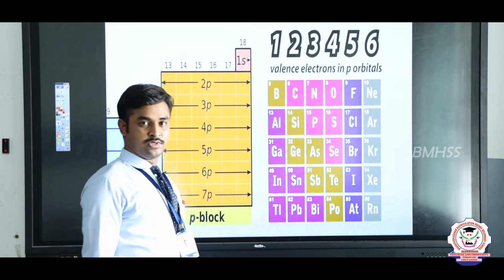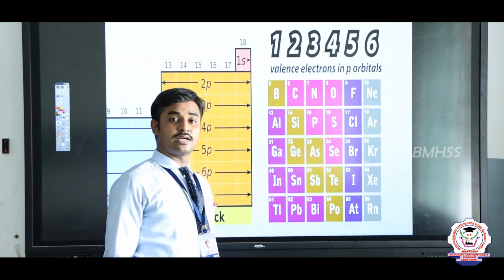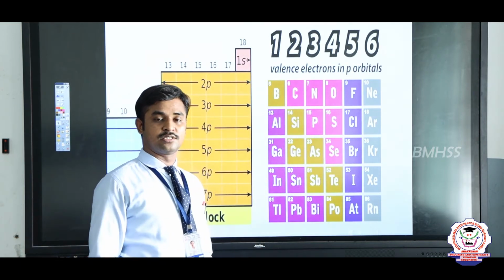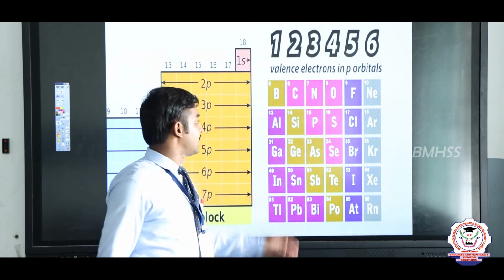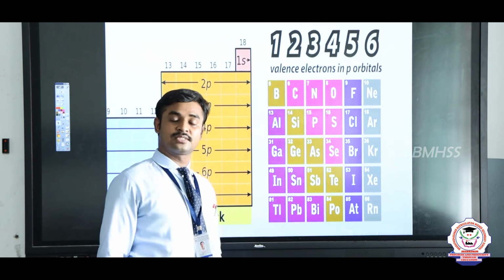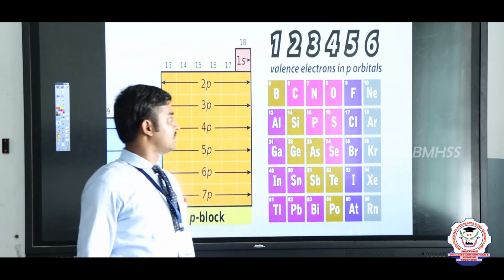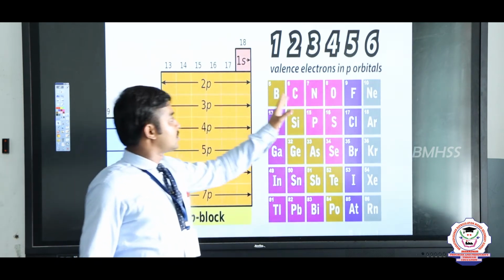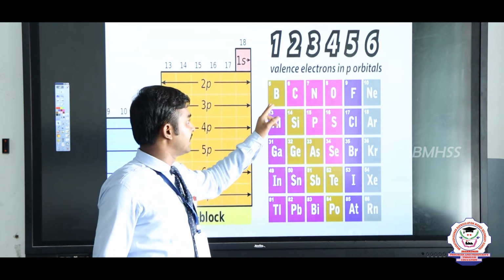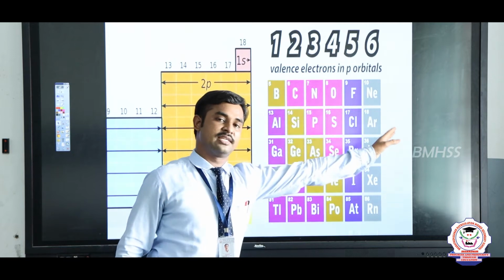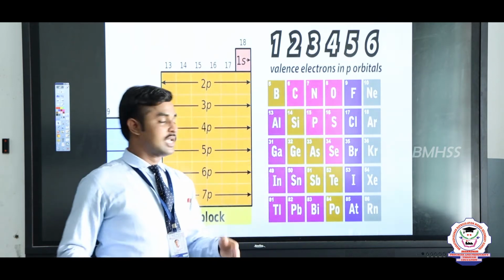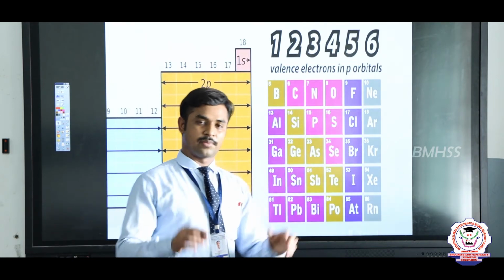In this group only boron is the non-metal, and aluminum, gallium, indium, thallium are metals. The groups are numbered 13, 14, 15, 16, 17 and 18. So from the 13th to 18th group, elements are called P block elements.